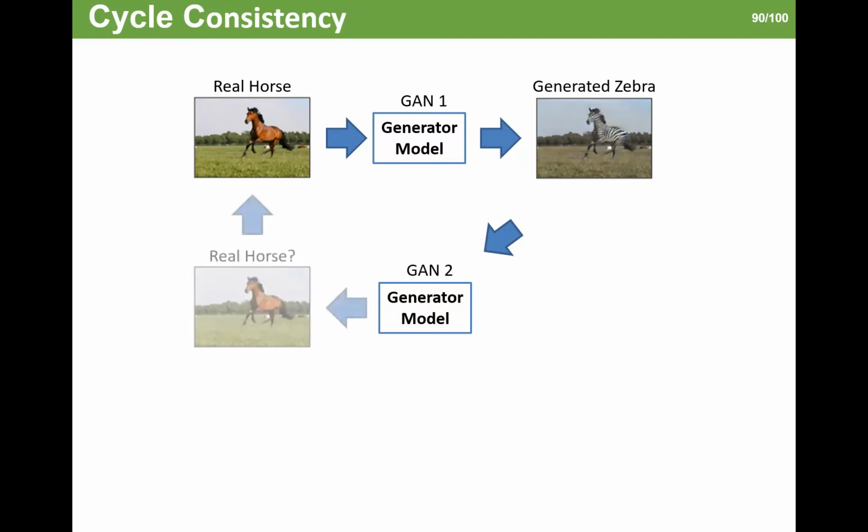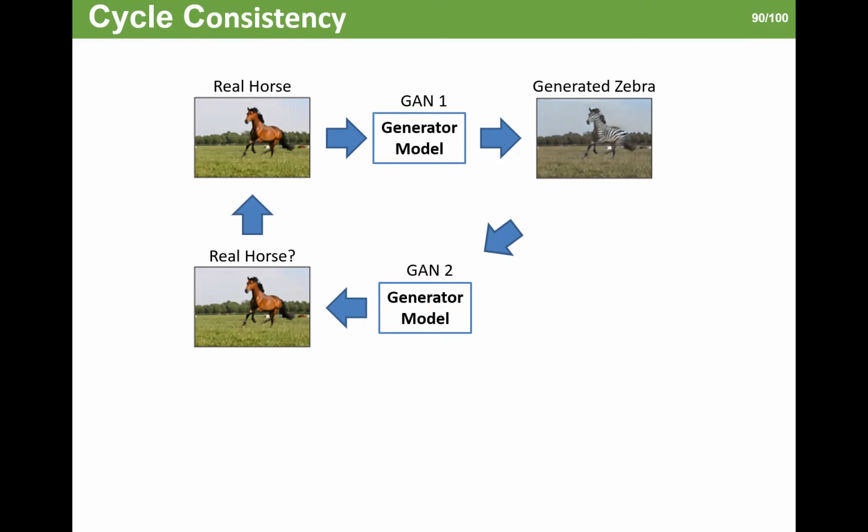The second generator, like I say, before we knew this is a fake Monet and this is a real Monet. So we had a label, but now we don't have any labels at all. We just have horses and zebras.